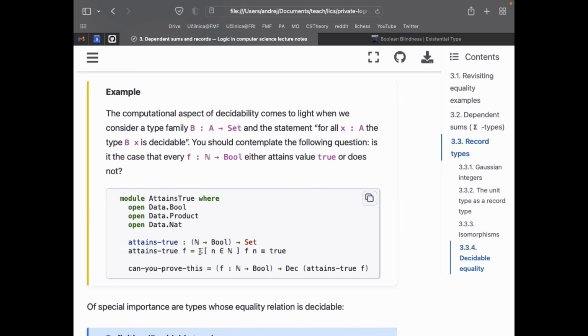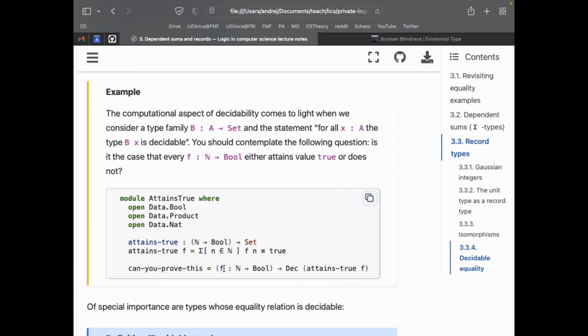Now I ask, if I give you a particular f, say false, false, false, false, false, true, false, false, false, false, well, you will just count which one was true, and you'll give it to me. So for a particular f, of course you will be able to show that attains true of f is decidable.